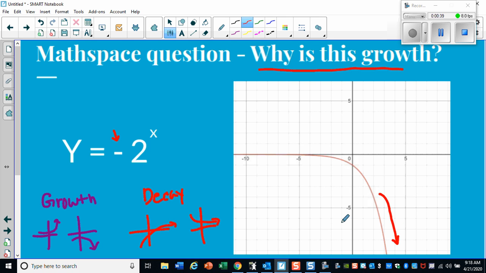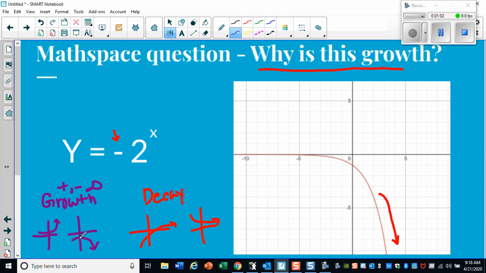All right, so when you're looking at a graph to determine whether or not it's exponential growth or decay, you're going to look at the right-hand end behavior. Just the right-hand end behavior. So your graph is going to be a growth function if, when you look at the right-hand end behavior, it is going towards positive or negative infinity.